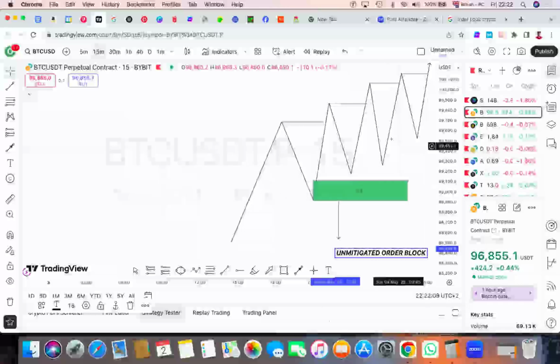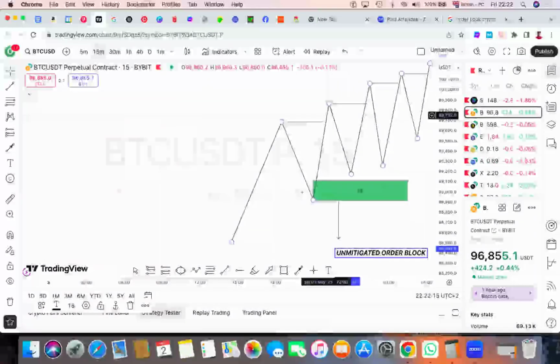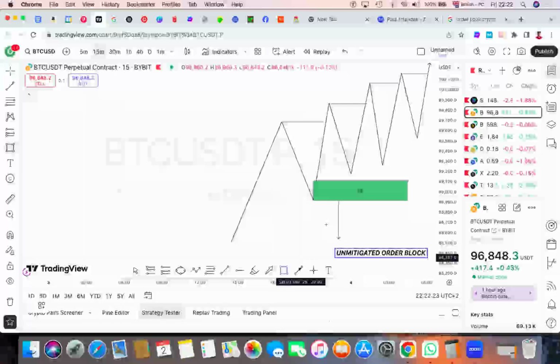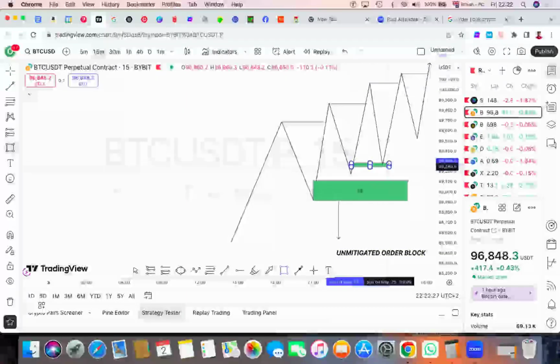But then a block in which the new break of structure, now we have an impulsive move to the upside, and the pullback phase now buys into the block. For example, this would be a scenario in which we have a block that has been bought.